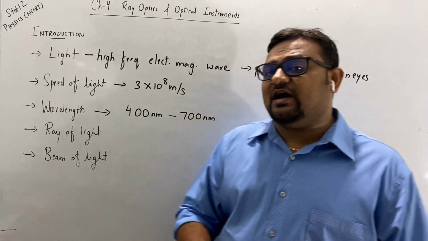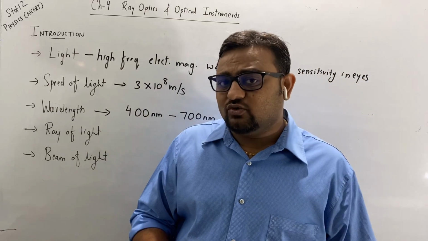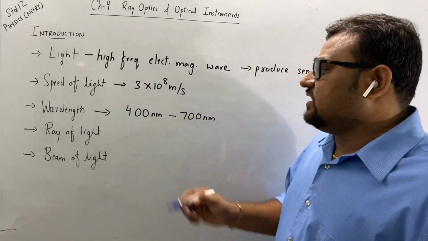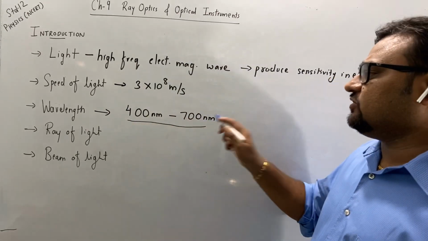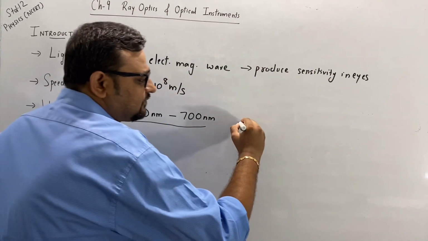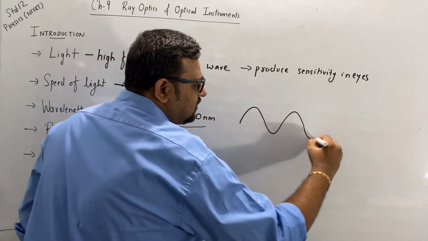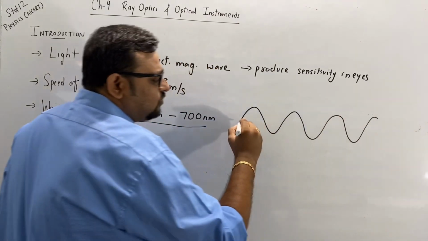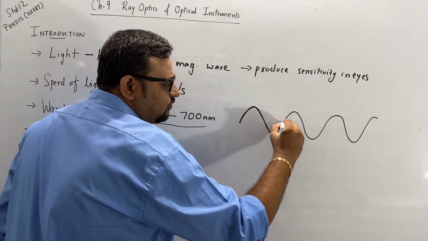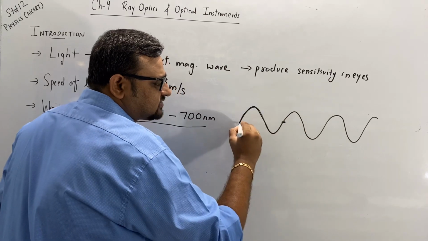What is a ray of light? We always know that light travels in a straight path. So remember, the wavelength of the light wave is very small. Now, what is wavelength? This is a wave. Okay, the distance completed by one wave. Right here, one wave is complete.